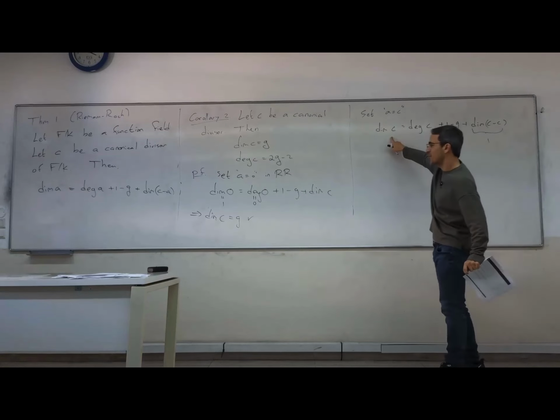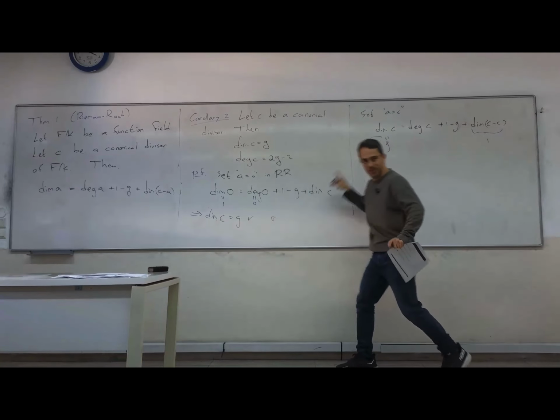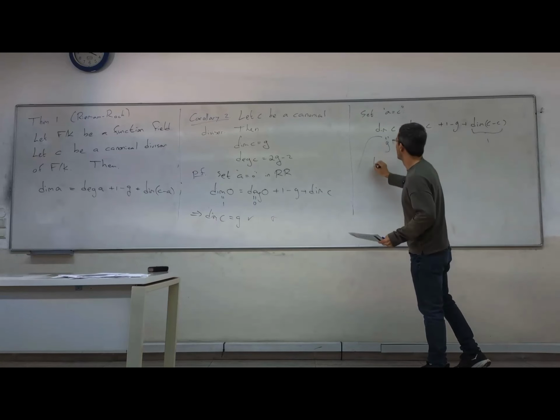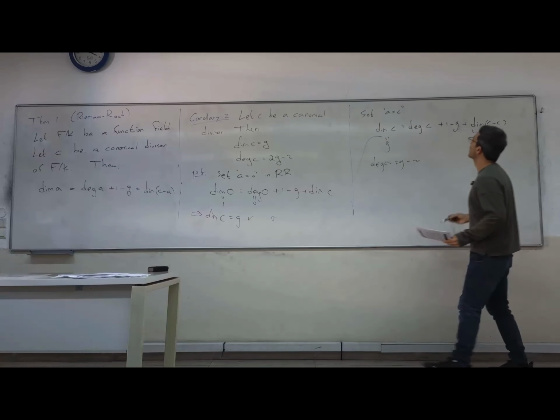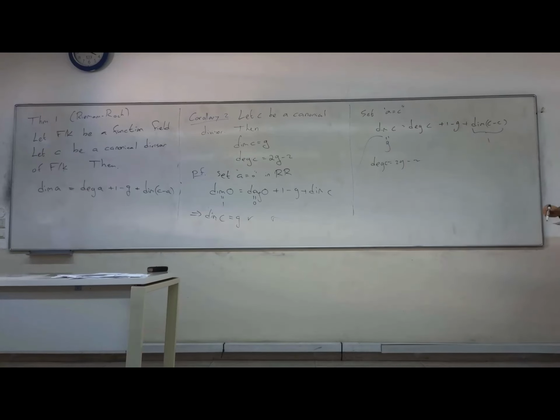And we just computed the dimension of C to be G, which is why I did it in this order. Then you can extract the degree: you move things around, move this G and this plus 2, to get the degree is 2G minus 2.